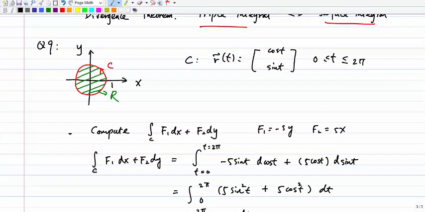The first question is I want to compute the line integral over C of f1 dx plus f2 dy. You can also consider this as the integral over C of f dot dr, where f is f1, f2, and dr is along the line.